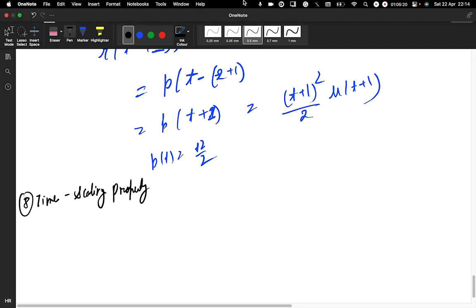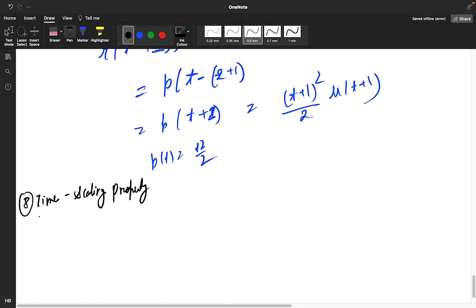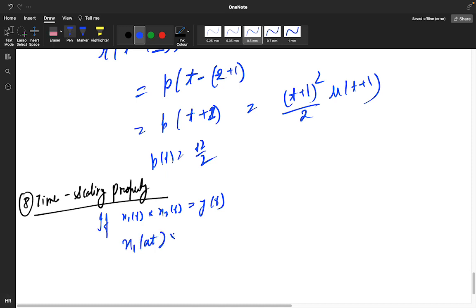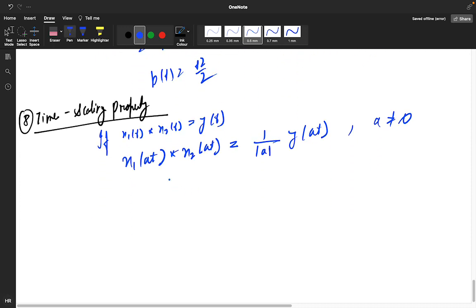If x1 of t convoluted with x2 of t is equal to y of t, now if I scale with a factor, x1 of at convoluted with x2 of at, then what will be the result? 1 by mod a will come, whatever the scaling factor is, and y of at, where a is not equal to 0.